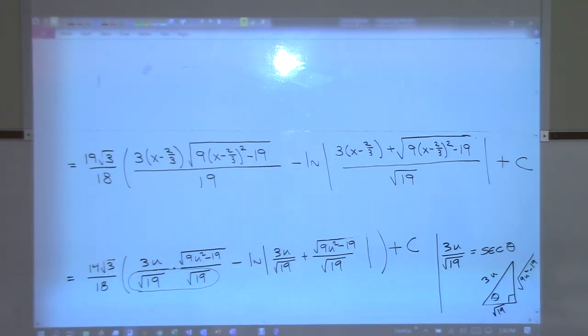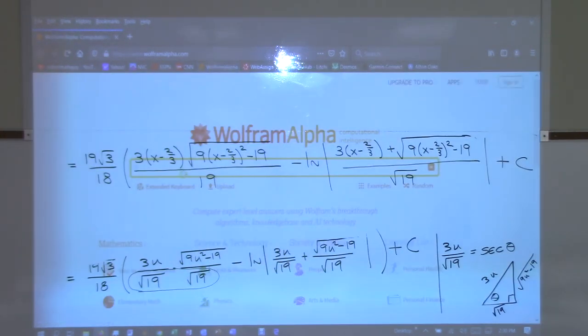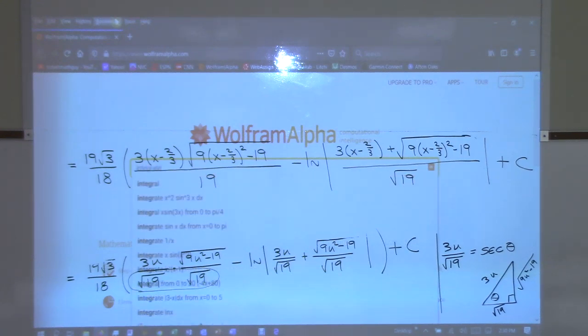So let's go to Wolfram Alpha. Let's see what Wolfram Alpha tells us the answer should be. Now, I'm not expecting the answer here to look like mine. Integrate. Okay, what was it?